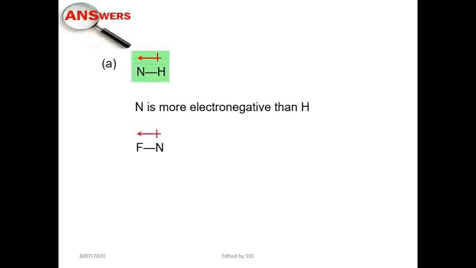So nitrogen is more electronegative than hydrogen, so the polar arrow will show from hydrogen to nitrogen. Fluorine is more electronegative than nitrogen, so the polar arrow will show from nitrogen to fluorine.